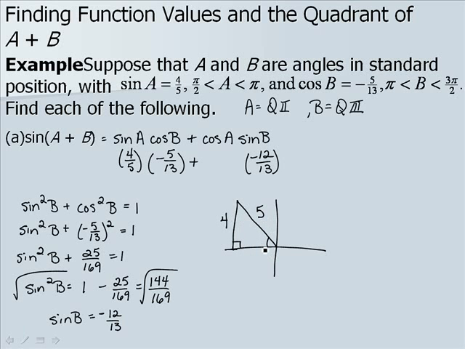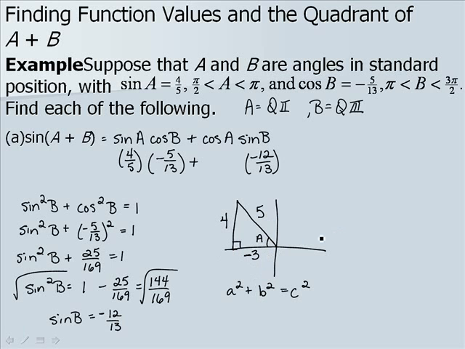And using the Pythagorean theorem, we would have a squared plus b squared equals c squared. And we want to solve to find b here. We'll end up with 3, or if you know your Pythagorean triples, this is a 3, 4, 5 right triangle. But because we're on the negative side for our x values, we know this has to be a negative 3.